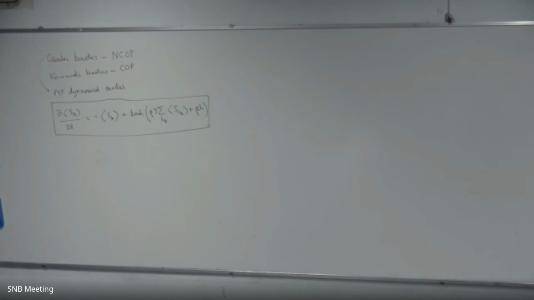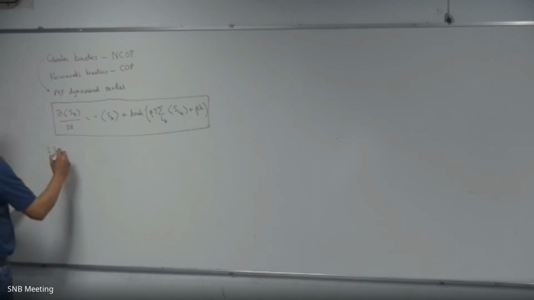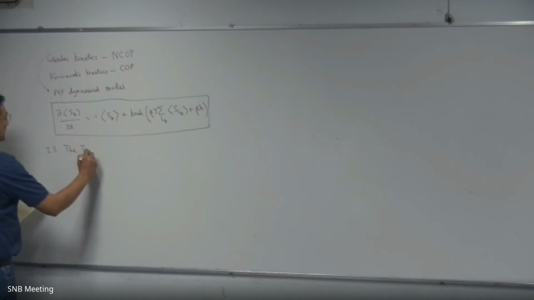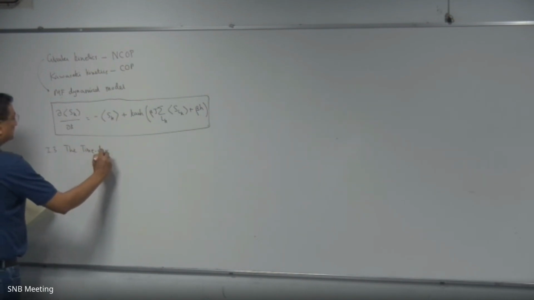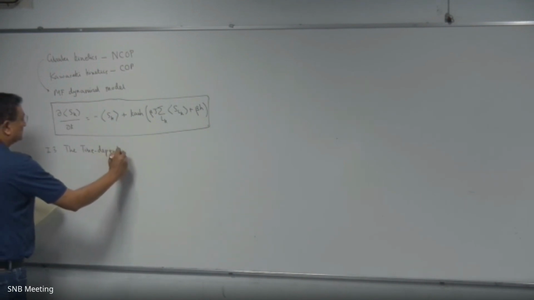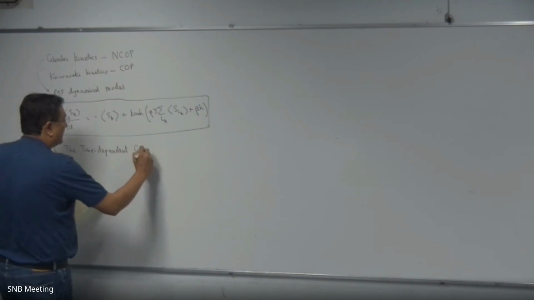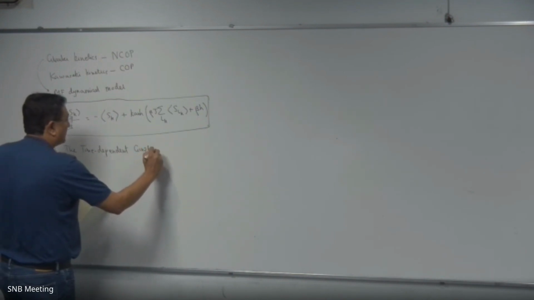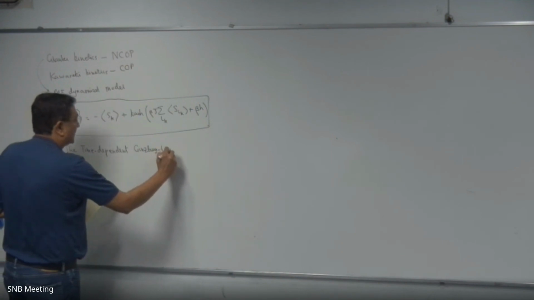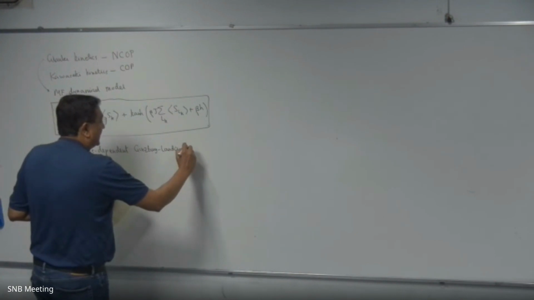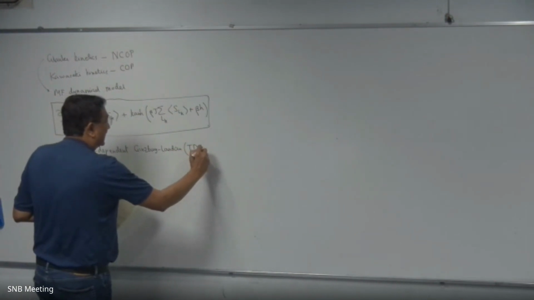Okay, so that's now chapter 1.3, and this is about the time-dependent Ginzburg-Landau equation, and this is often known in the literature as the TDGL equation.